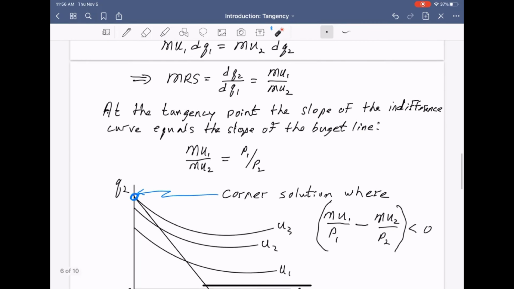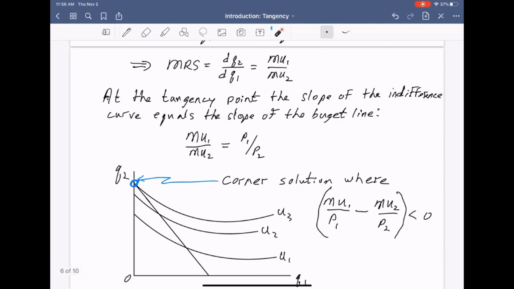At the tangency point, the slope of the indifference curve is equal to the slope of the budget line. So this is important because at the tangency point we know that the slope of the indifference curve has to equal the slope of the budget line.